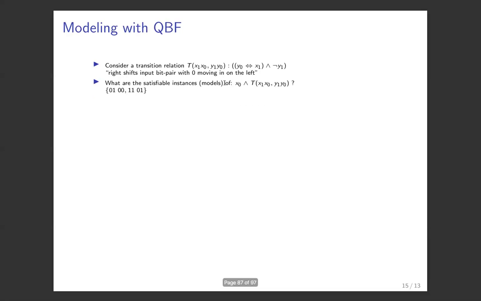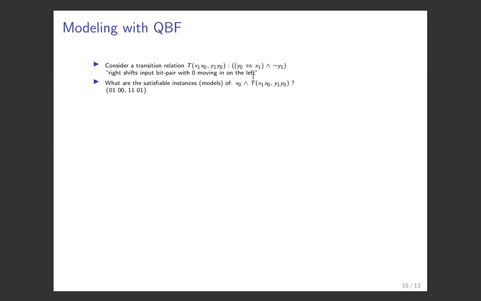In other words, this is a symbolic representation of the set of all successor states of those starting states in which the least significant bit is 1. You should get an idea where I'm headed.